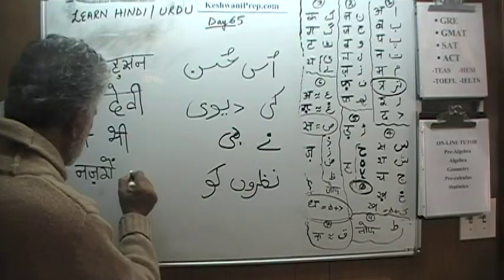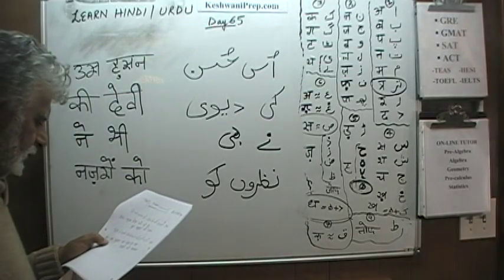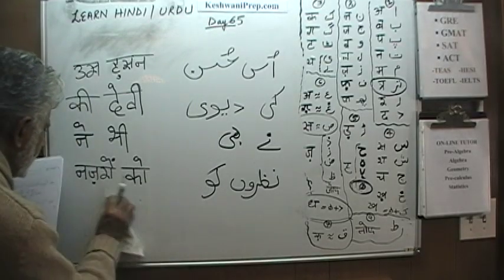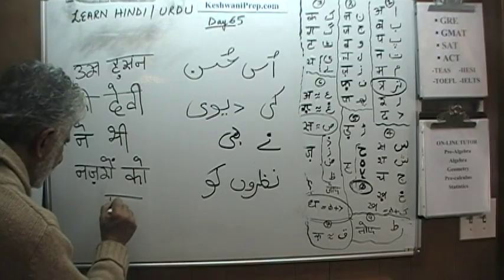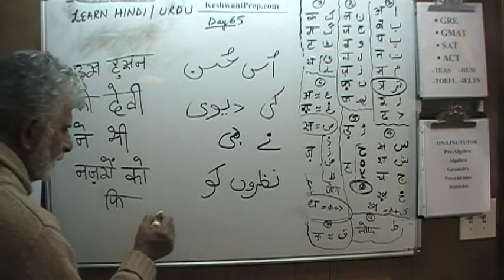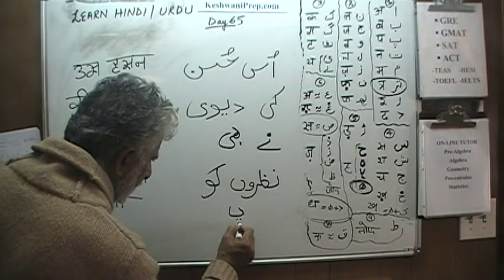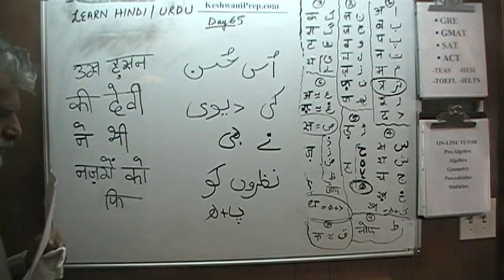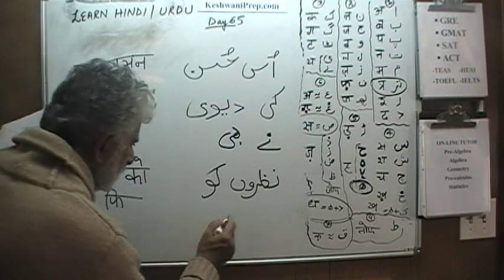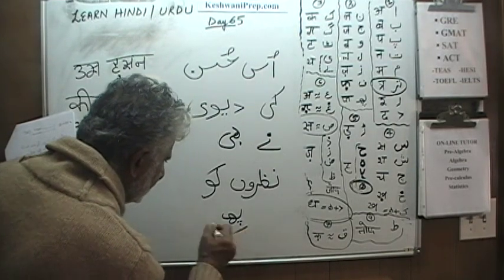Kaf and a vav, ko. Then we have fi, with the choti ye ki matra, and the fi would be pe, and her. For rather, not for. We don't need a for, we need a fi.